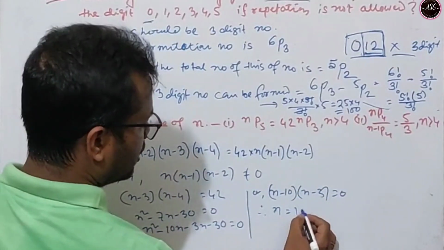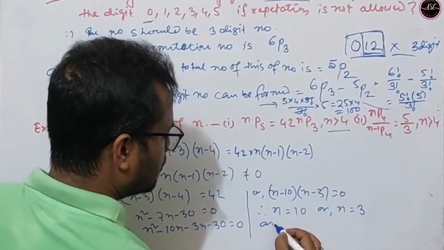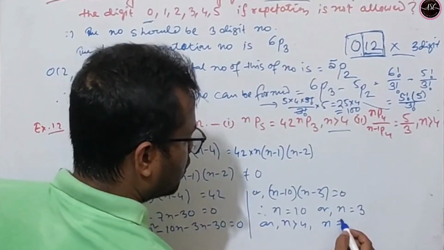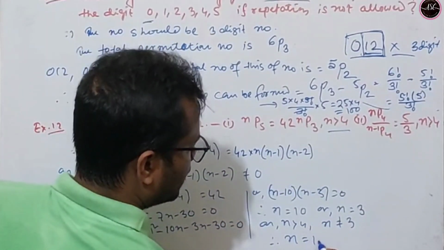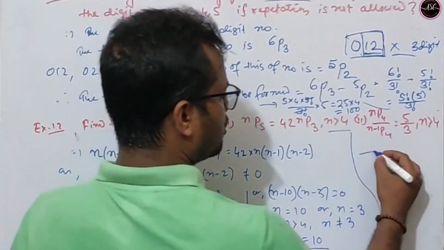Therefore n equals 10 or n equals minus 3. As n is greater than 4, n is not minus 3, therefore n equals 10. This is the same type, so this is your homework.